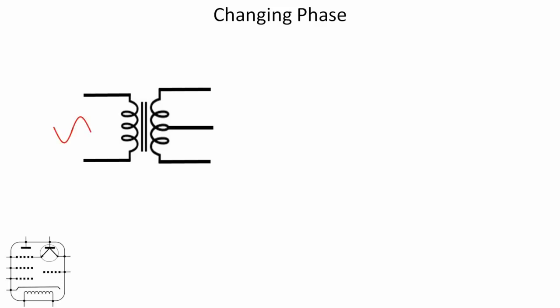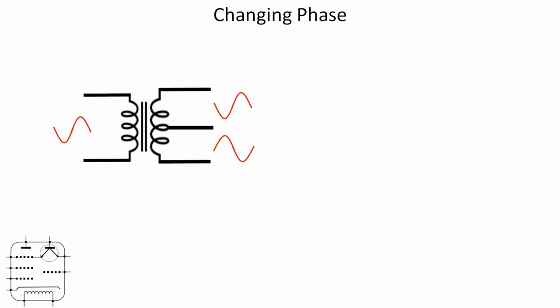We're going to feed in that same 1 kHz signal. I've not put the black dots on here, but if I had, they'd both be at the top. We're going to get an in-phase signal between the top connection and the centre tap, and we should get a signal which is 180 degrees out of phase between the centre tap and the bottom.